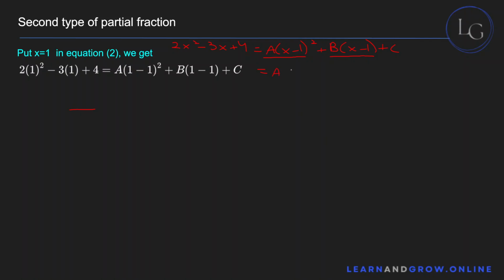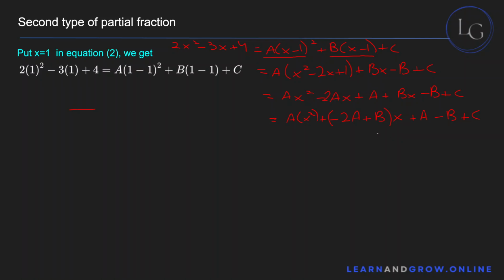So we have A into (x squared minus 2x plus 1) plus Bx minus B plus C, and that will be equal to Ax squared minus 2Ax plus A plus Bx minus B plus C. And then that will basically tell you that A is the coefficient of x squared, and minus 2A plus B is the coefficient of x, and then you have obviously plus A minus B plus C.